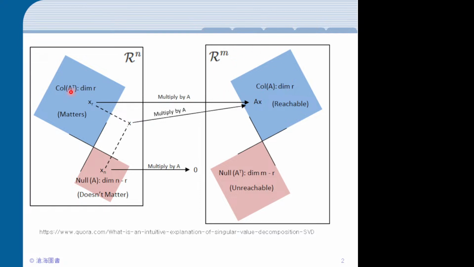And then there is a null space here inside Rn, which is mapped into 0. And this is dimension n minus r. Okay, so that's about matrices.